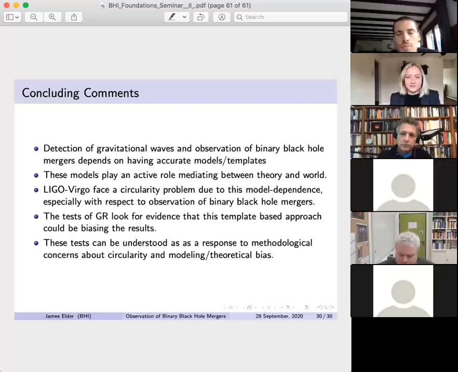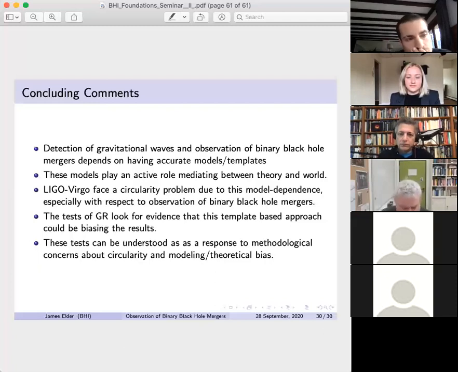So I think that when one poses the question about circularity and theory-ladenness, we tend to talk very blithely about these models depending on GR. But it's not exactly clear to me what is meant by GR. You and I have talked about this before, and I want to press you further on this. What do we really mean by GR?